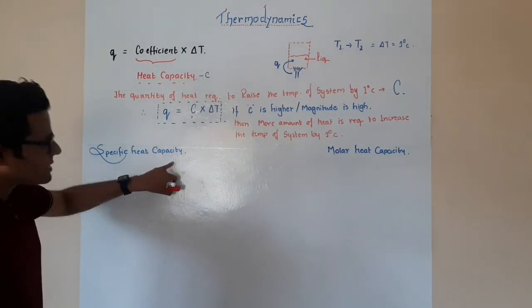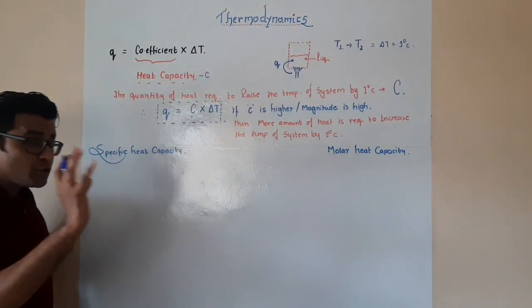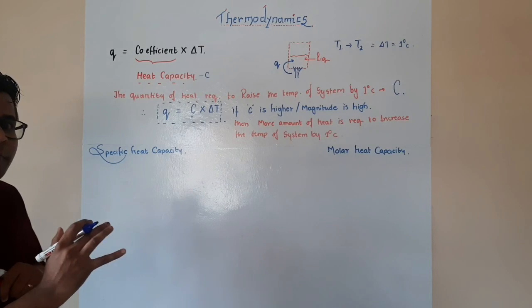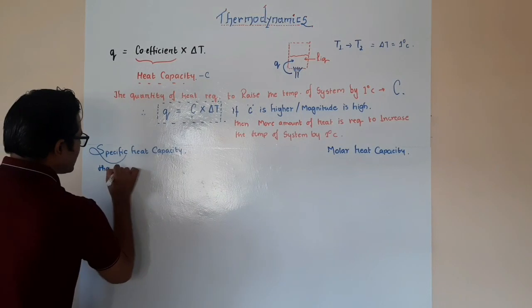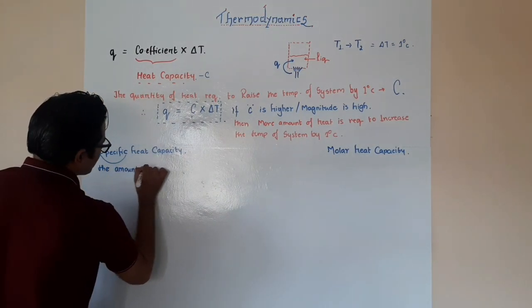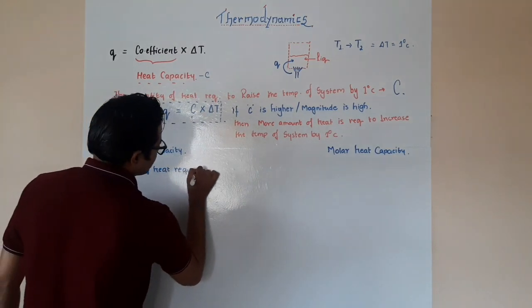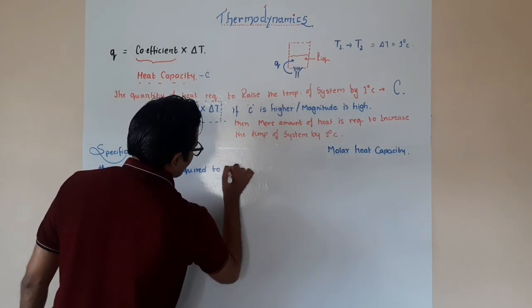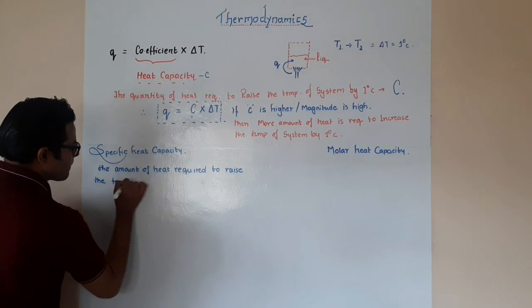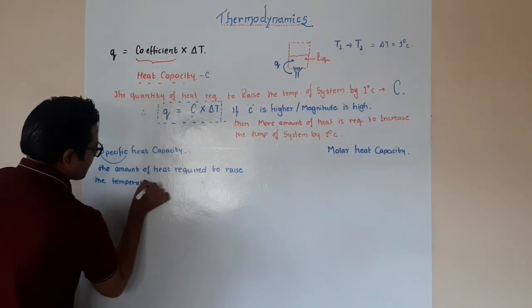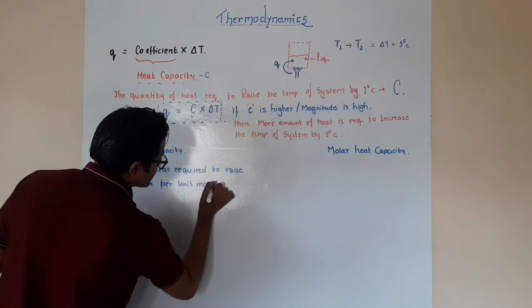So specific heat capacity is nothing more than a heat capacity. It is simply like a heat capacity for a unit mass, but let us put it in a better manner. So specific heat capacity is the amount of heat required to raise the temperature per unit mass. This is very important now.